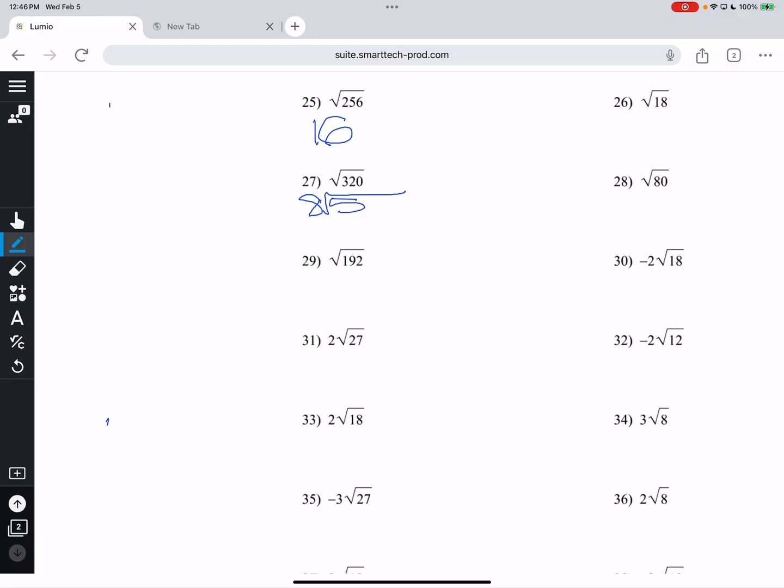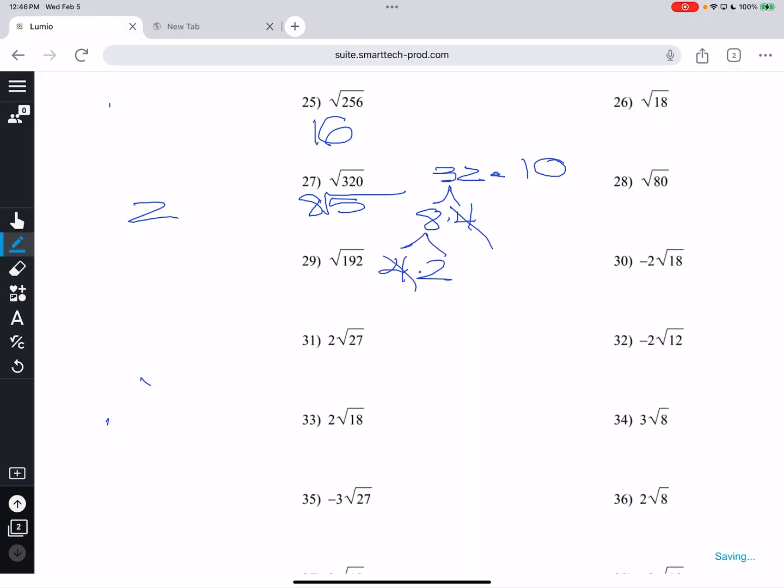What you would probably use is 32 times 10. And then break down from there to where you would have 8 and 4. The 4 breaks down into 2 times 2. 4 comes out as a perfect square, so it would be a 2. The 8 is going to be 4 times 2.